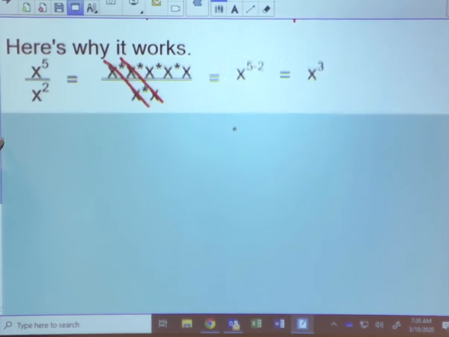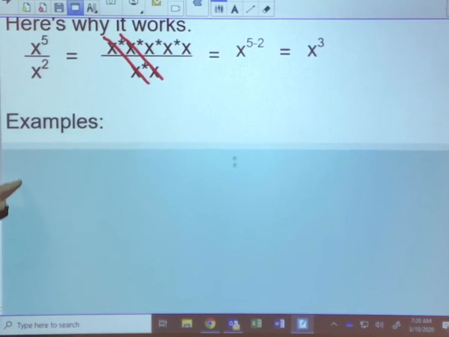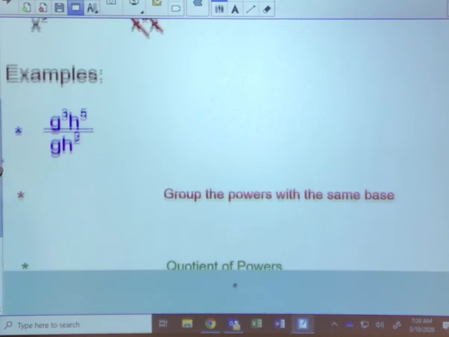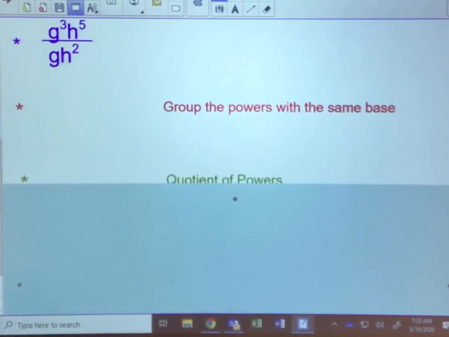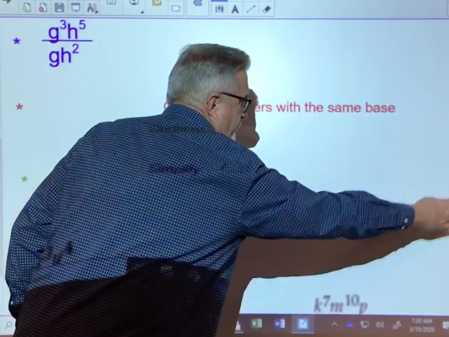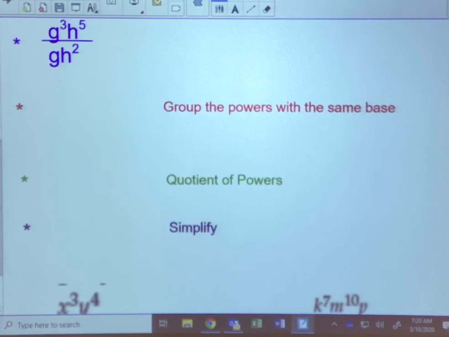Okay, let's go ahead and take a look at an example here and work our way through this. So it has a few more steps, but let's look at this, and we've got g to the third power h to the fifth divided by g h to the second power.